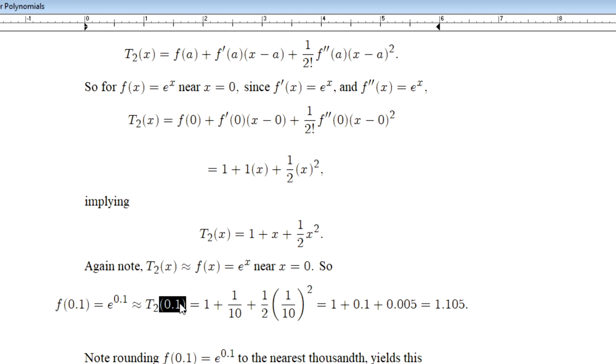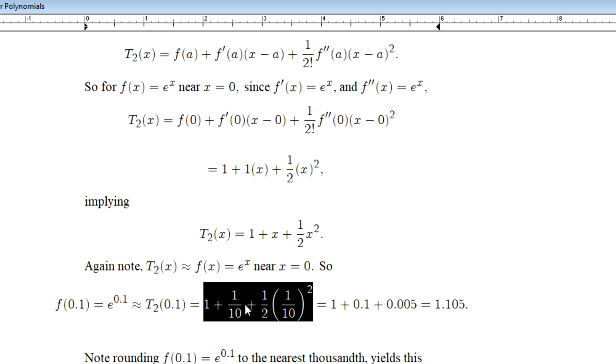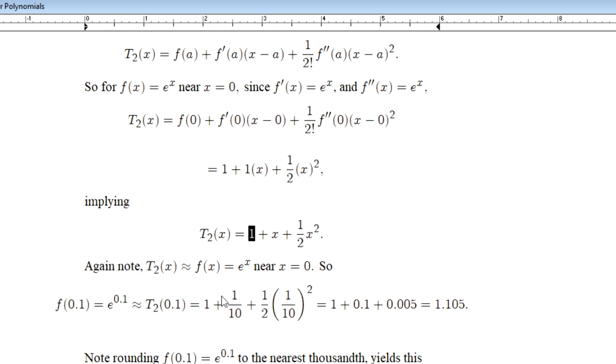Now, 0.1, do notice that is just 1/10 in value, so I kind of set this up to begin with some fractions to make the math a little easier to see. This is going to be just 1 plus x, which is 1/10, plus 1/2 times 1/10 quantity squared.